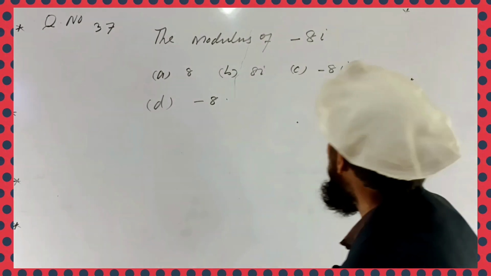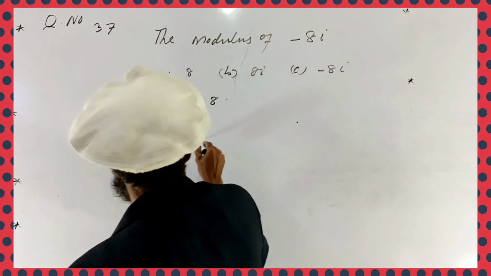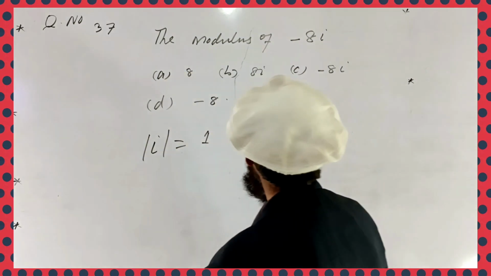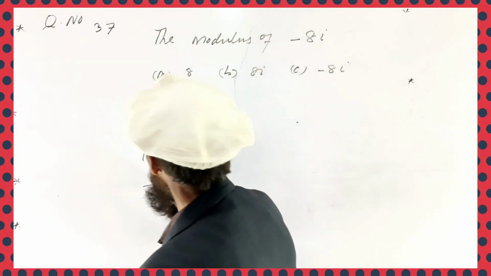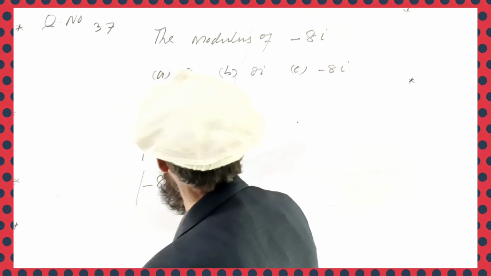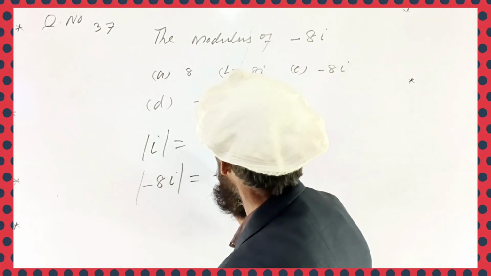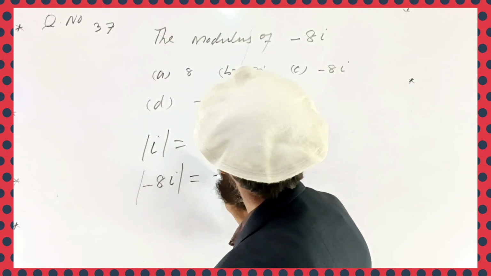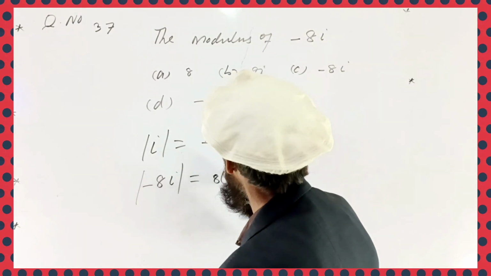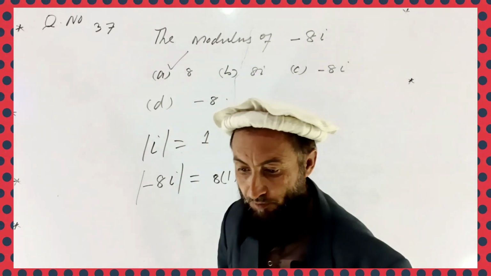According to the property of modulus, we have already discussed that iota absolute is equal to 1. If minus 8 iota absolute, so we write minus 8 absolute, minus 8 absolute into iota absolute, so 8 into 1 is equal to 8. So the correct answer is 8.